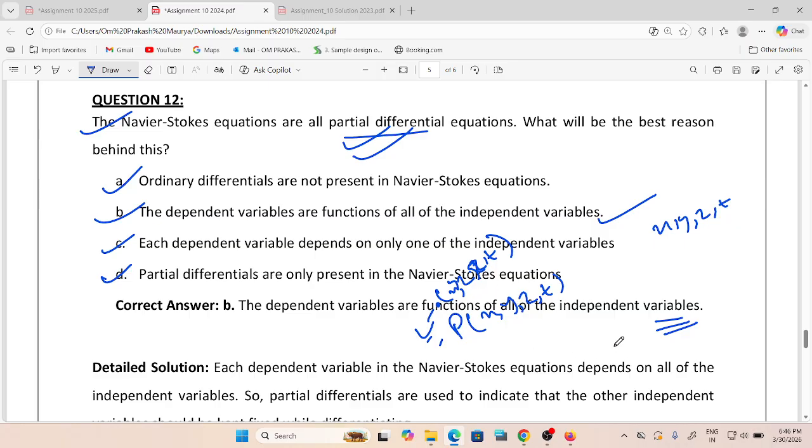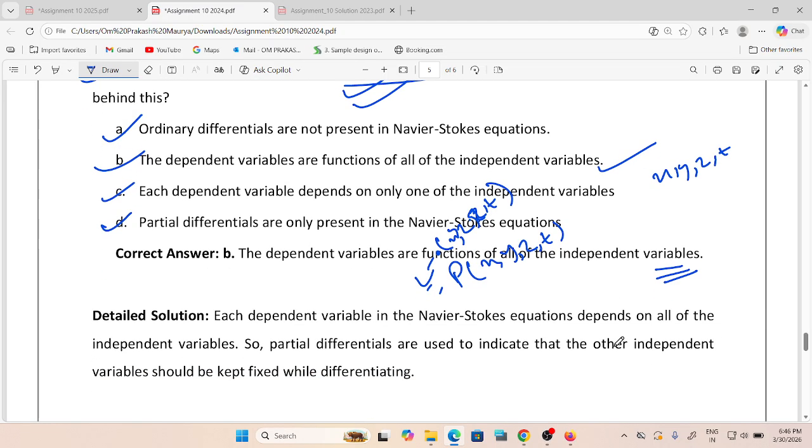Now we'll move on to the next. Okay, so we have the 12th question. Now I'll jump to assignment 2023. We have already solved the assignment 2025 previous year hydraulic engineering assignment, and 2024 also. Let me just read the detailed solution.